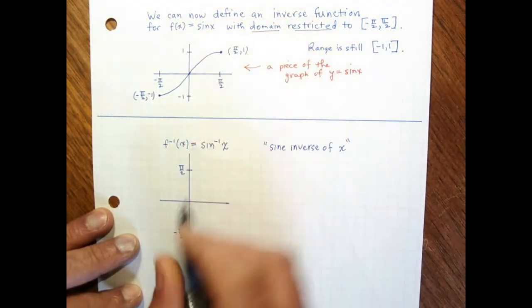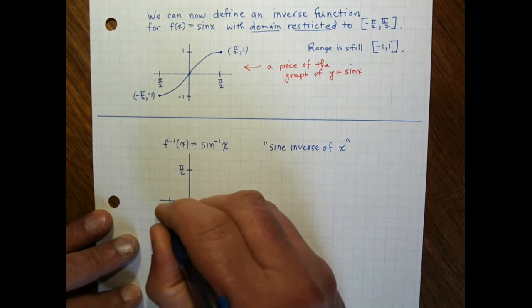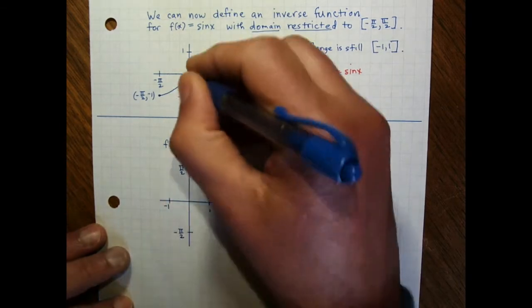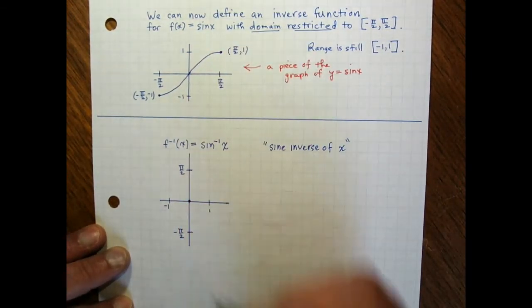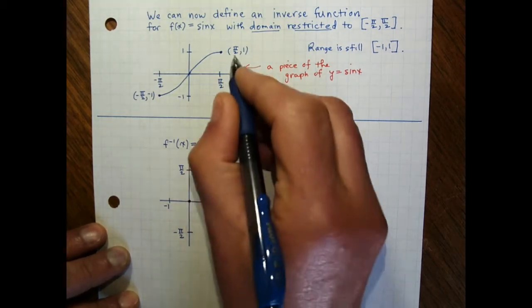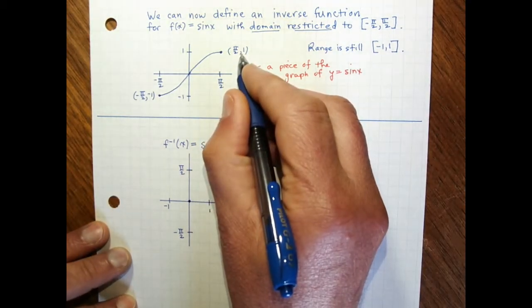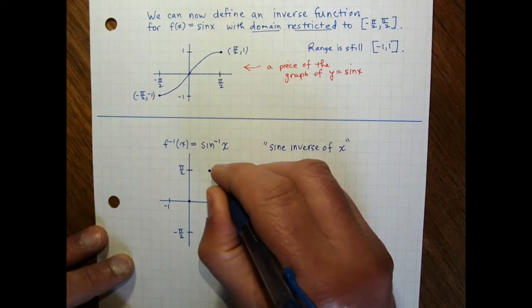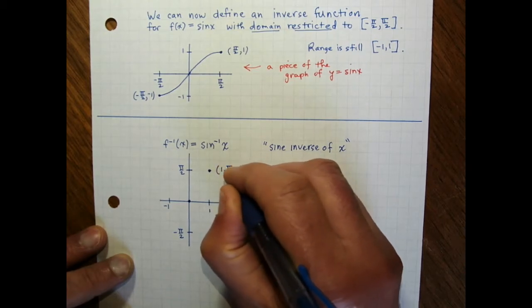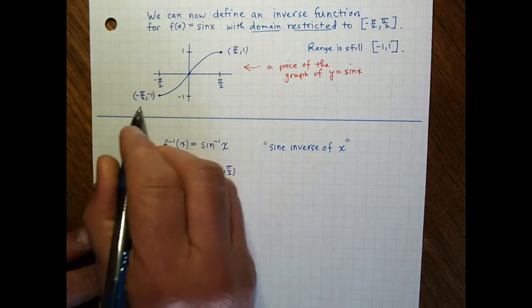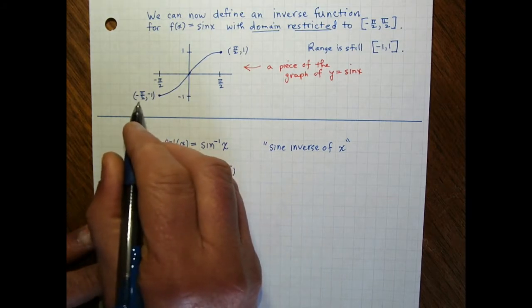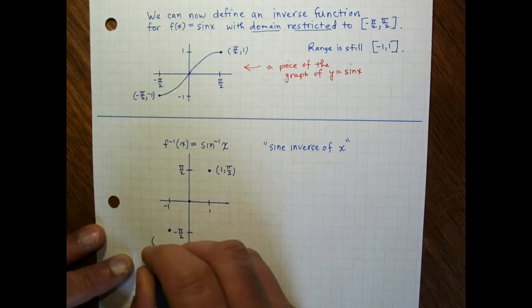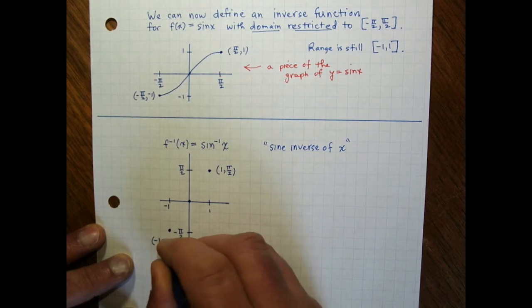My vertical axis becomes horizontal, so I'm going to have a negative 1 and a positive 1. 0, 0, when I interchange the coordinates, is still 0, 0. That's on my graph. Pi over 2, 1, when I interchange the coordinates, interchange the roles of x and y, I get 1 comma pi over 2. That's this point right here. When I interchange the coordinates of negative pi over 2, negative 1, I get a point with coordinates negative 1, comma, negative pi over 2.